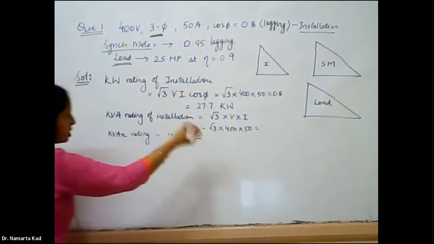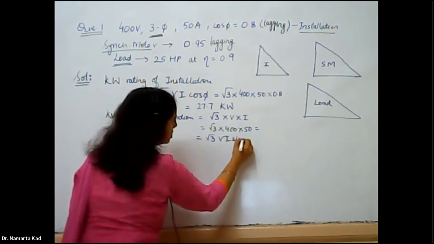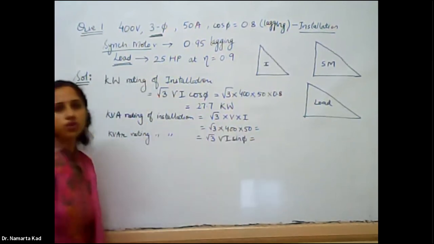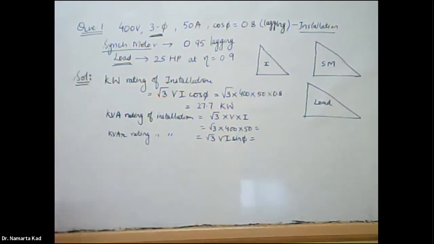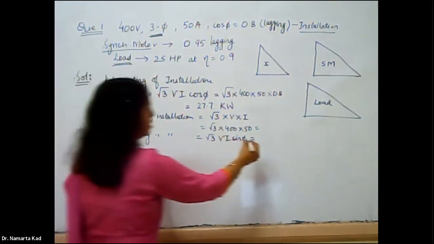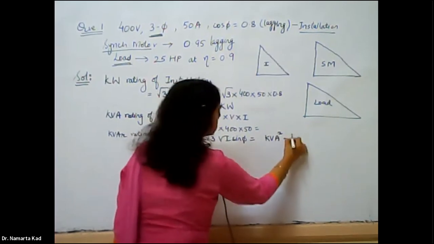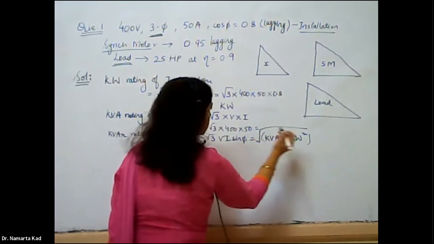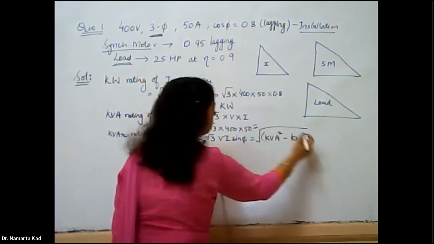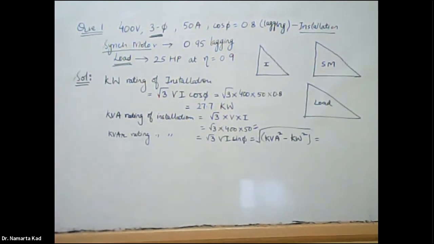The same, it is root 3 VI sin phi. Or you can also calculate it by using the formula of the power triangle, that is the square root of kVA square minus kilowatt square. You can also calculate from this formula. Now just do the calculations for this.